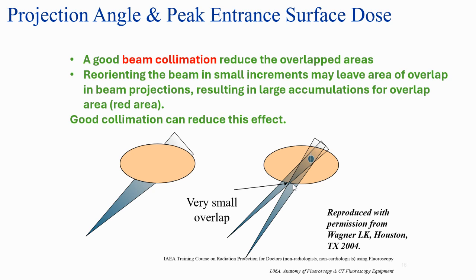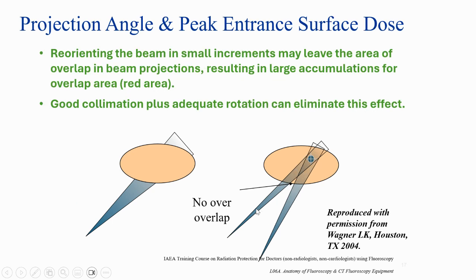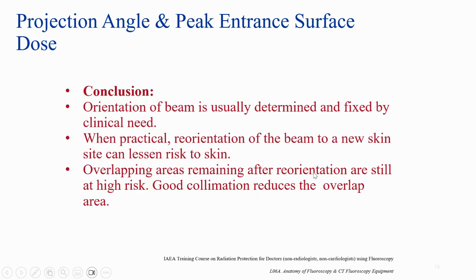Try to get large increments between different projections, which reduces the overlapped area and reduces the radiation risk to this area. As I told you before, it is the same idea: good collimation plus adequate rotation can eliminate this effect.